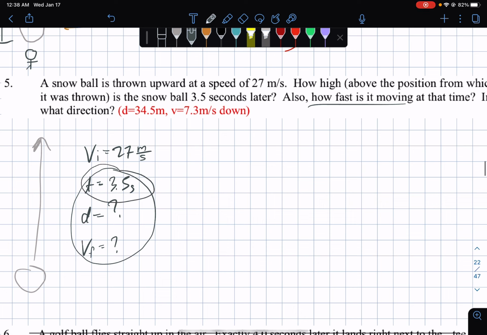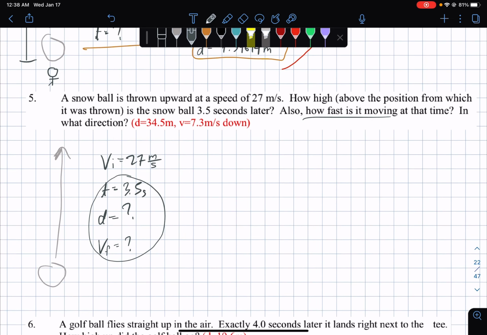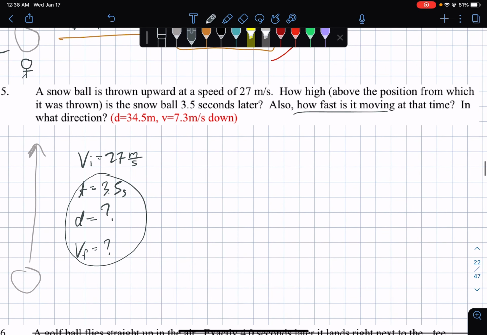We cannot say that this is the total time because, just think about it. It can be somewhere within these parts, but it would never be at the very edge, at the highest point that the snowball is flying. The snowball is thrown, doesn't fly.